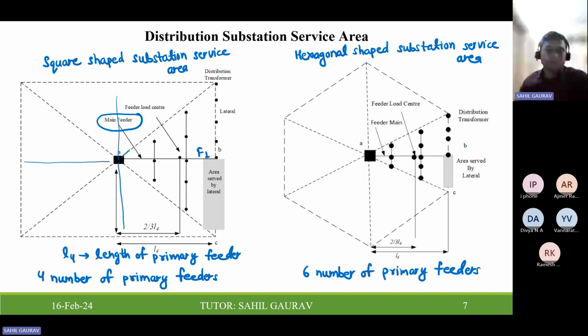So this area comes under this primary feeder number 1. So the area served by this feeder we call as A1. A4 because here 4 primary feeders. And similarly for the area served by one of the feeders in hexagonal shaped service area we denote as A6.